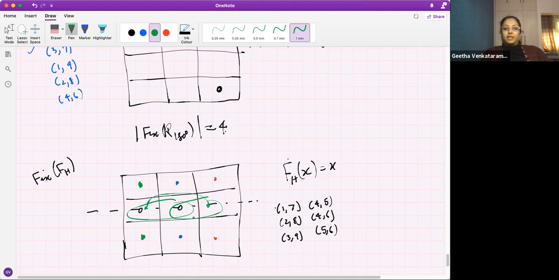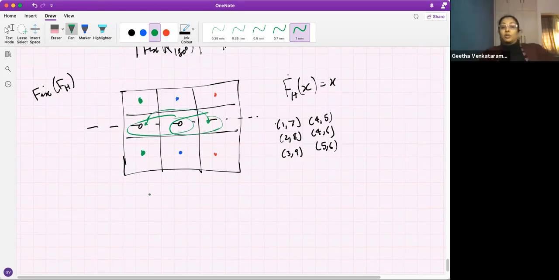These are the plastic cards which I can see very clearly will be fixed by the horizontal flip. And of course you have to check that there are no other cards which are fixed by the horizontal flip.